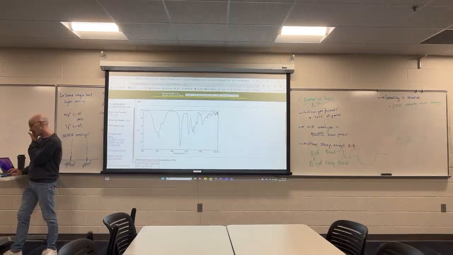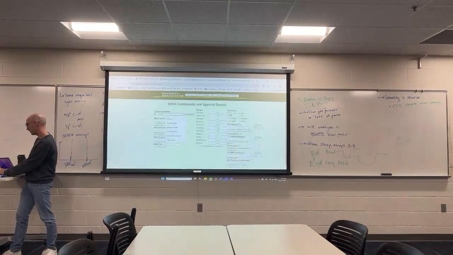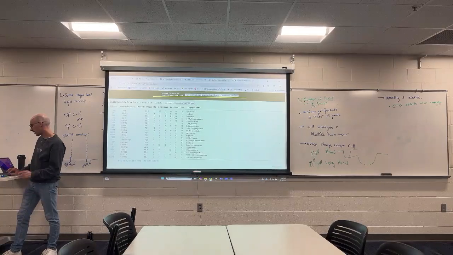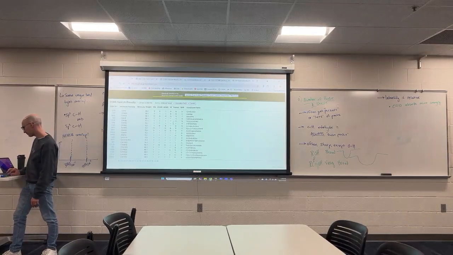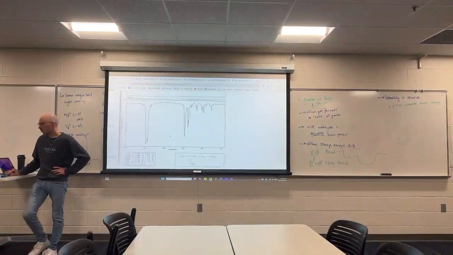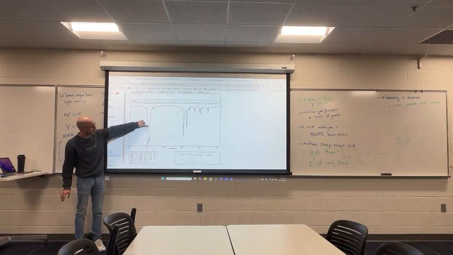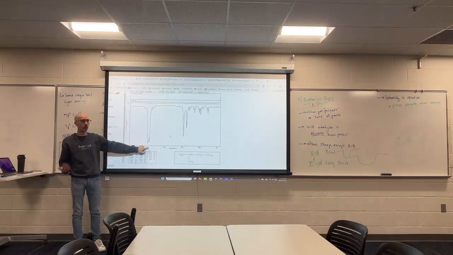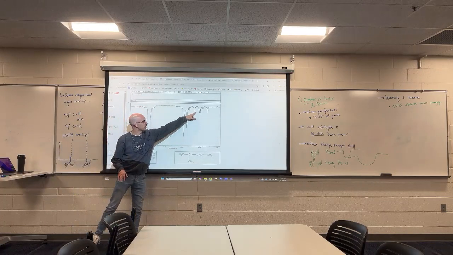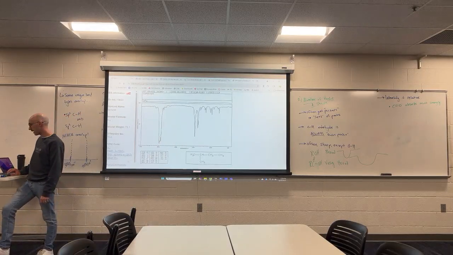So to give you a comparison, first we're going to look here at an alkane compound. Look at the sp3 CH absorption here. Strong, goes nearly to the bottom. Other things relative to it look more medium and weak. Okay, that's the sp3 CH.